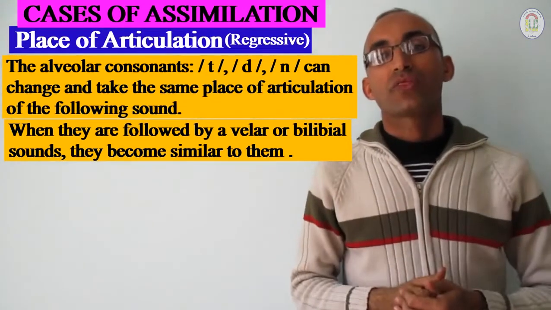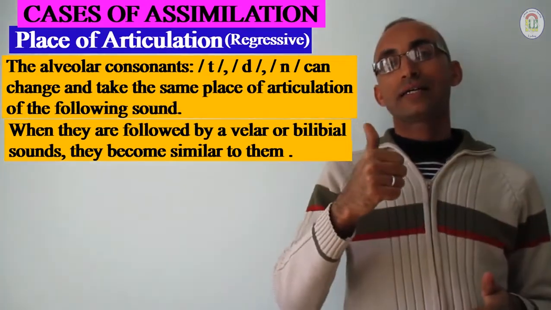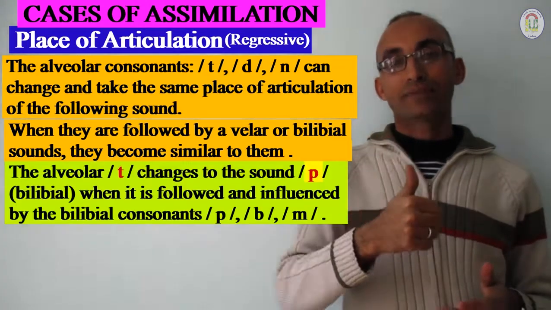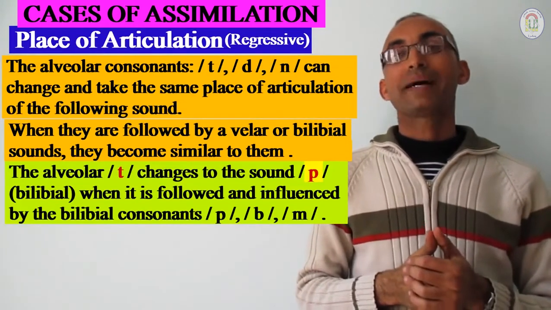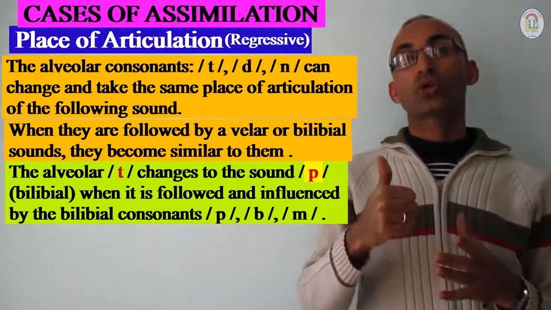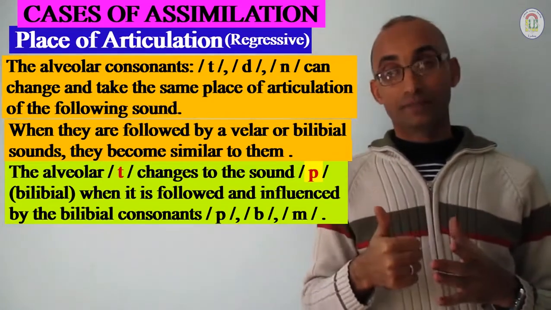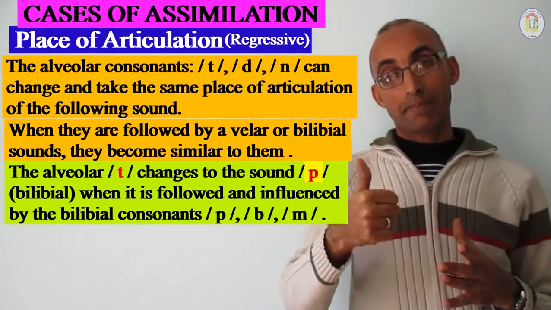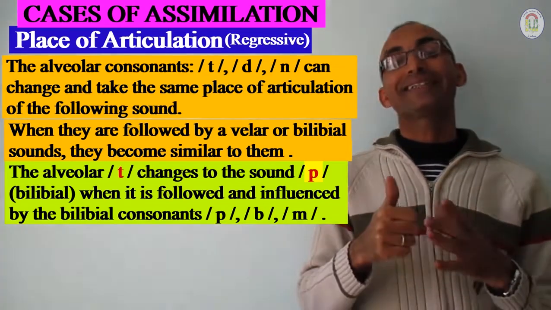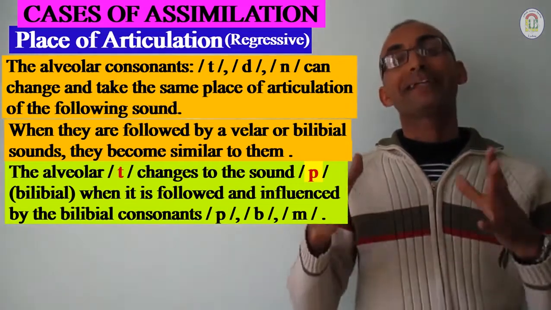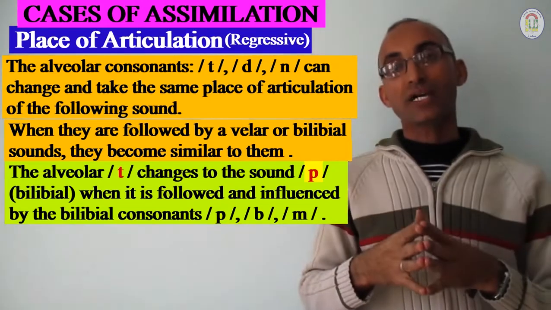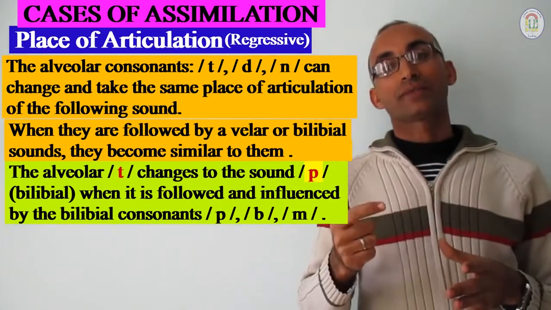First, we have the alveolar ta. Ta is alveolar, right? But it changes to the bilabial sound pa when it is influenced by bilabial consonants, which are pa, ba, and ma.